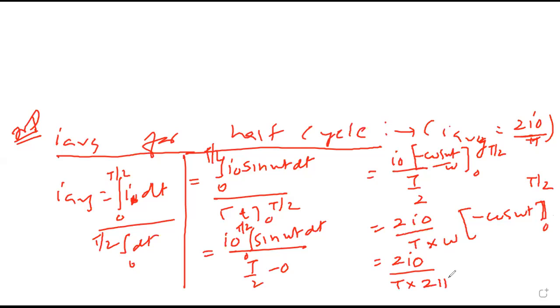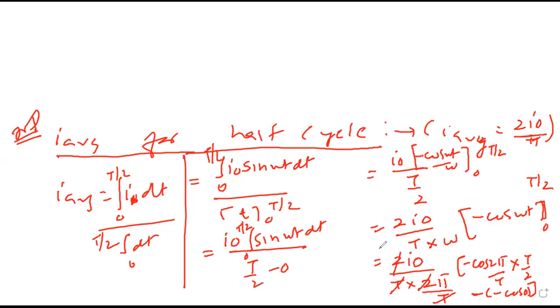Now omega means 2 pi by time period, T and T cancel, 2 cancel. Minus cos omega, which is 2 pi by T, into time T by 2. Then minus of minus cos 0. Okay, just complete this much. Hardly 2 lines are left.